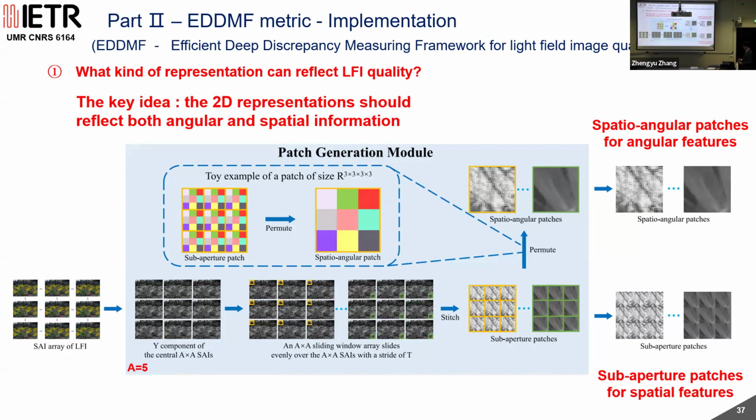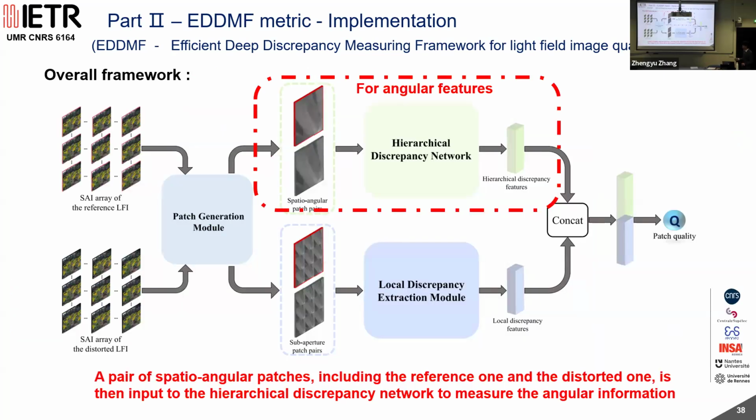And among them, the spatial angular patch is for the angular features, and the sub-aperture patch is for the spatial features. And after generating the patches, a pair of the spatial angular patches, including the reference one and the distorted one, is then input to the hierarchical discrepancy network to measure the angular information.